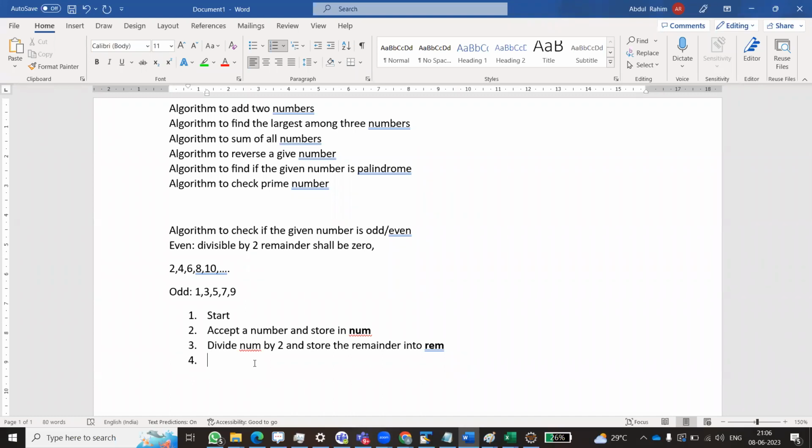Using an if condition, it is possible to display the output without using another variable as remainder. It is possible. See, for small programs, it is possible. But we are trying to understand what is the best practice, or at least how we approach writing in terms of programming. Okay, sir.